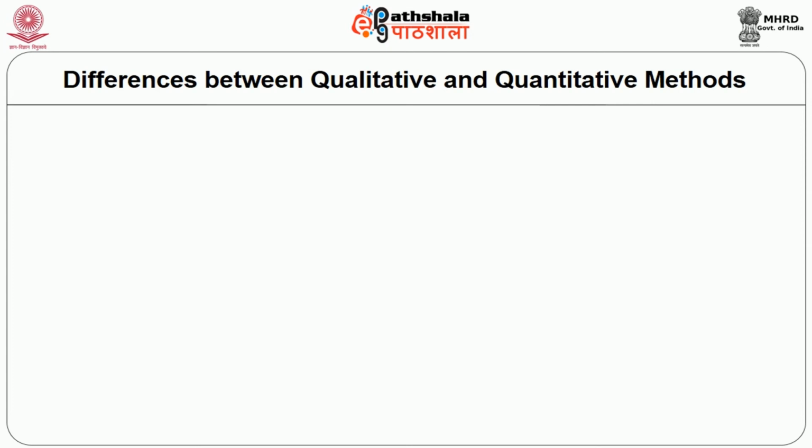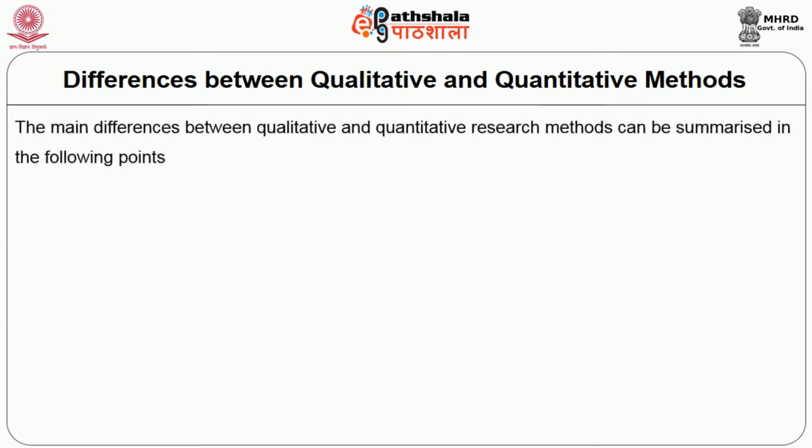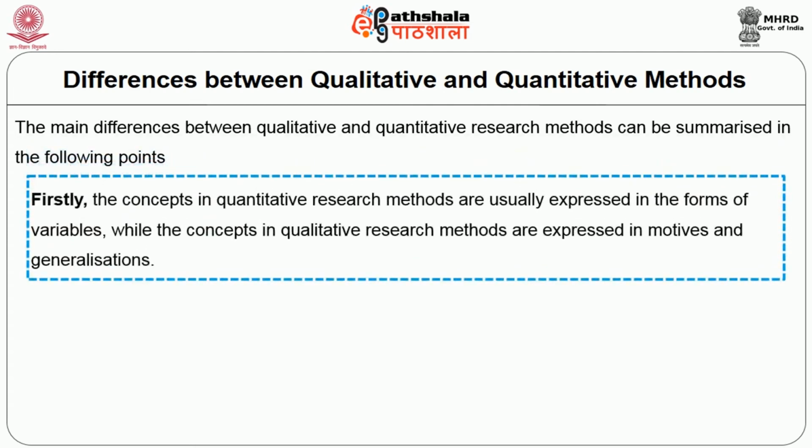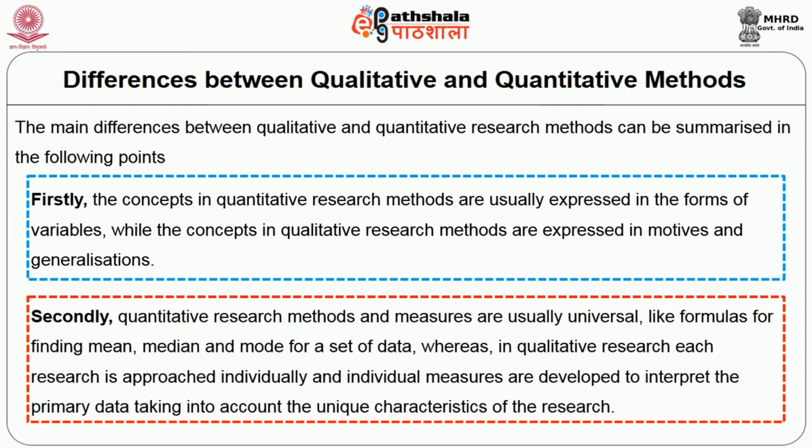Difference between the qualitative and quantitative method. The main differences between the qualitative and quantitative research methods can be summarized in the following points. First, the concepts in quantitative measurement are usually expressed in the form of variables, while the concepts in qualitative research methods are expressed in motives and generalizations.